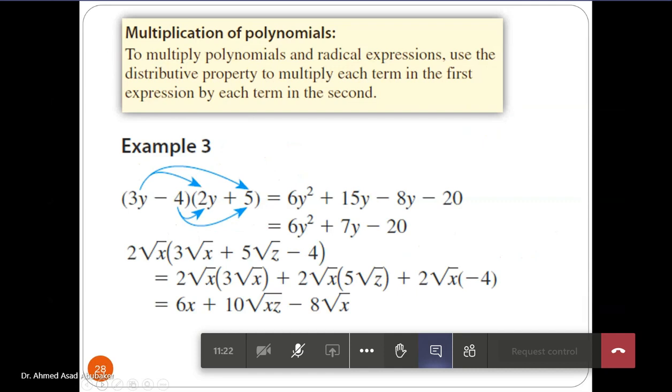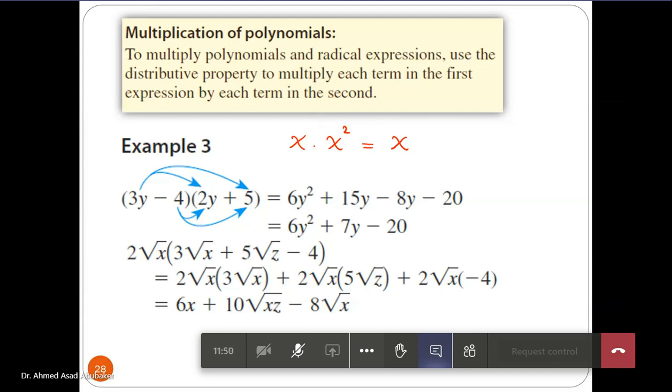In multiplication, we can multiply x with x squared, x with x, x with x to the power 3. We can, because, as in the last lecture, we can multiply x with x squared. How can we multiply x with x squared? We add the exponents together.